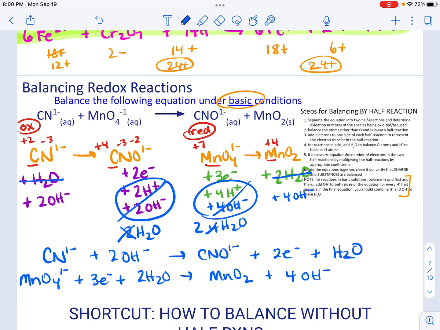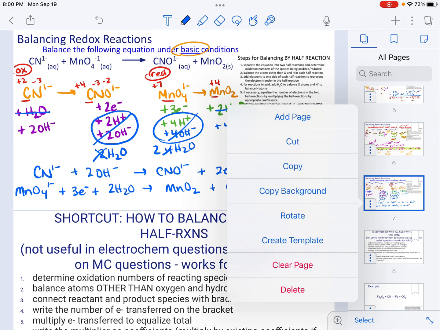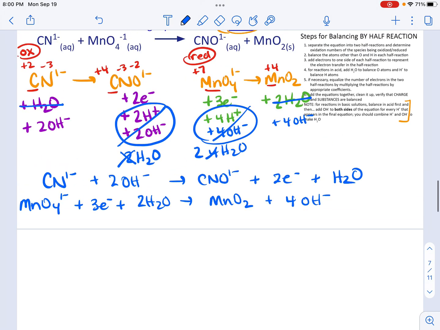Okay, now I'm to the step where I actually have to add a page here because I need more space. So now I'm to the step where I see that one equation has 3 electrons and one has 2. So I'm going to have to come back in and multiply the top one times 3 and the bottom one times 2, and clean it up.